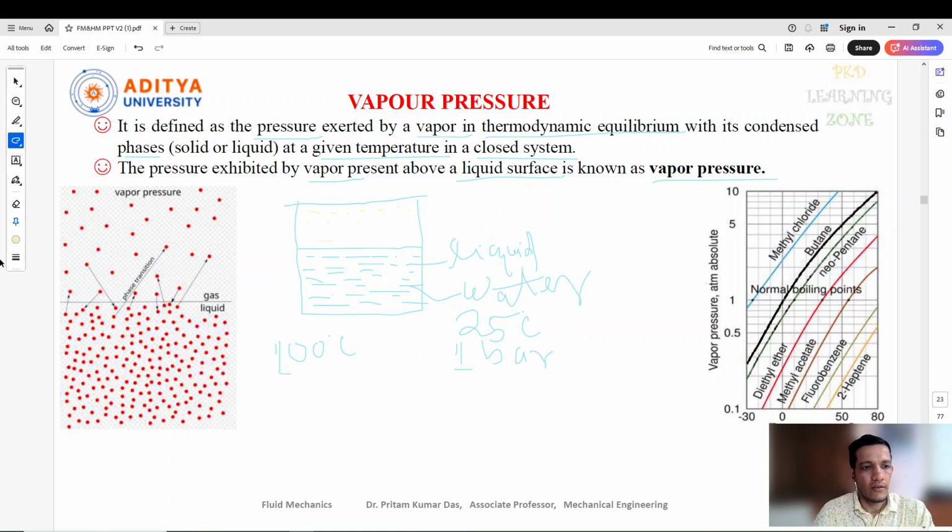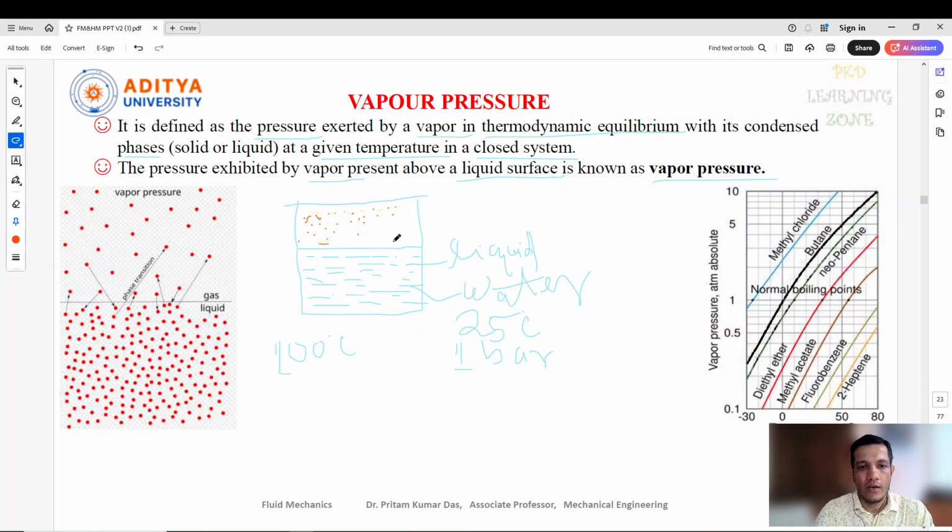They are small because of the small molecule size. So these are some air molecules which are present between this liquid surface and the top layer of this vessel.